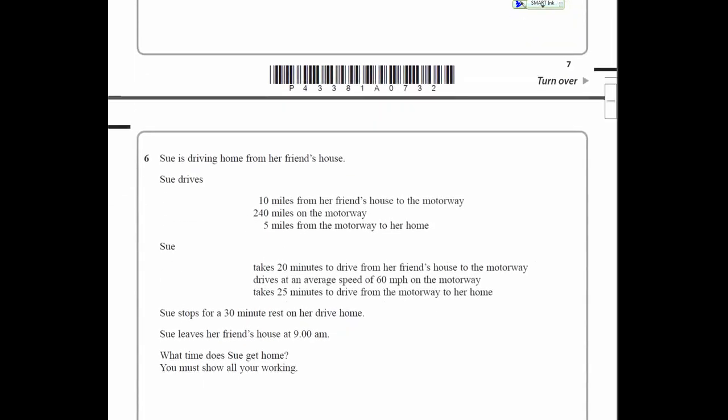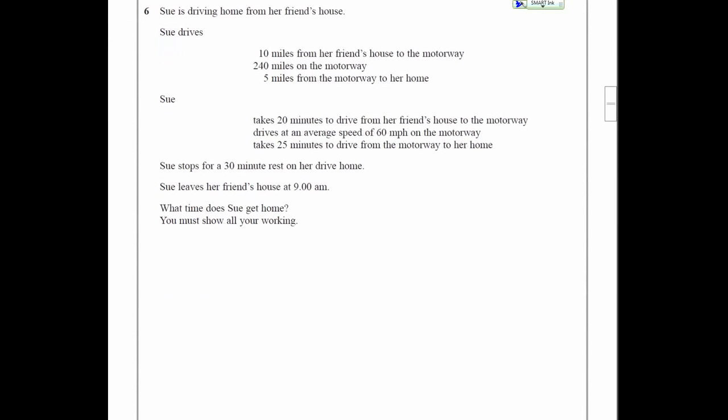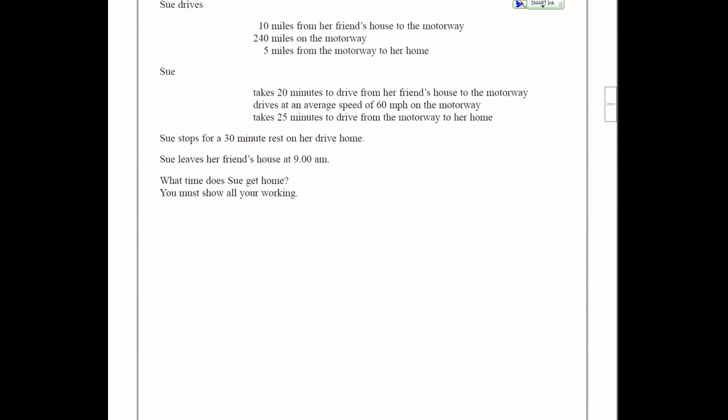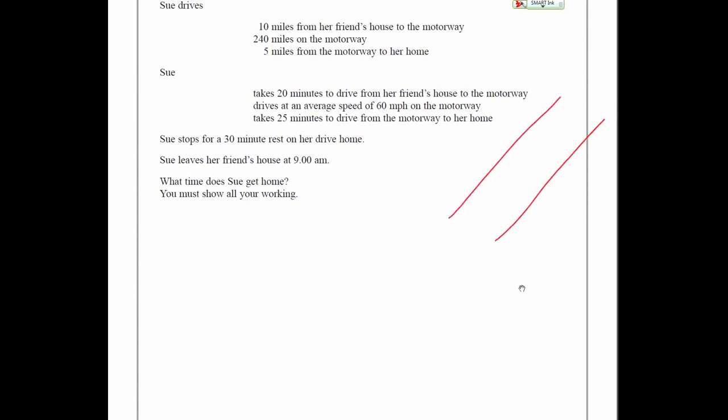Sue's driving home from her friend's house. Sue drives 10 miles from her friend's house to the motorway. I like my diagrams. Let's get a picture of a motorway. So 10 miles from her friend's house to the motorway. This is her friend's. 240 miles on the motorway.